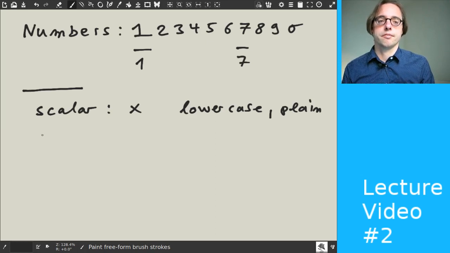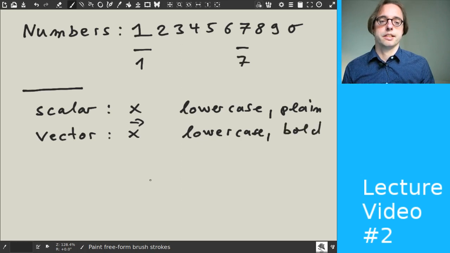Then we also need to have a way to describe vectors. So x. In handwriting I just draw a little arrow, and that's also lowercase. But in the script, you'll find that it's printed bold. And if you find a vector that's not printed bold, then please let me know, then I can fix it in the script.